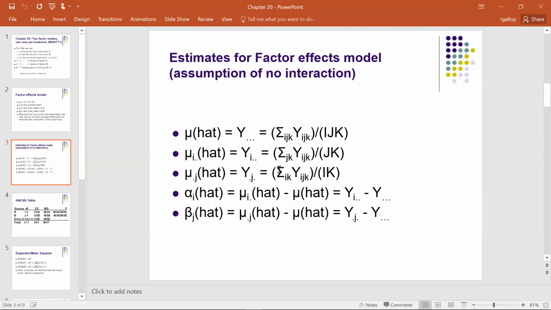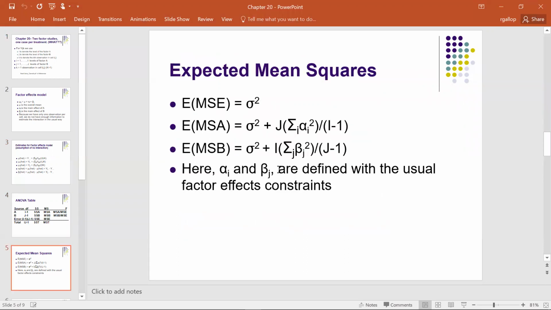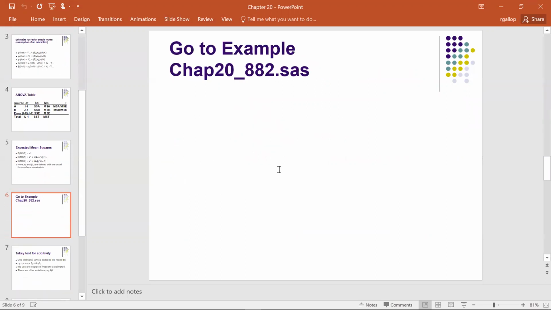So in this case, getting the cell means, everything works business as usual, and this becomes the ANOVA table: the main effect of A, the main effect of B, and then you get expected mean squares, really the MSE being an estimate of sigma squared.